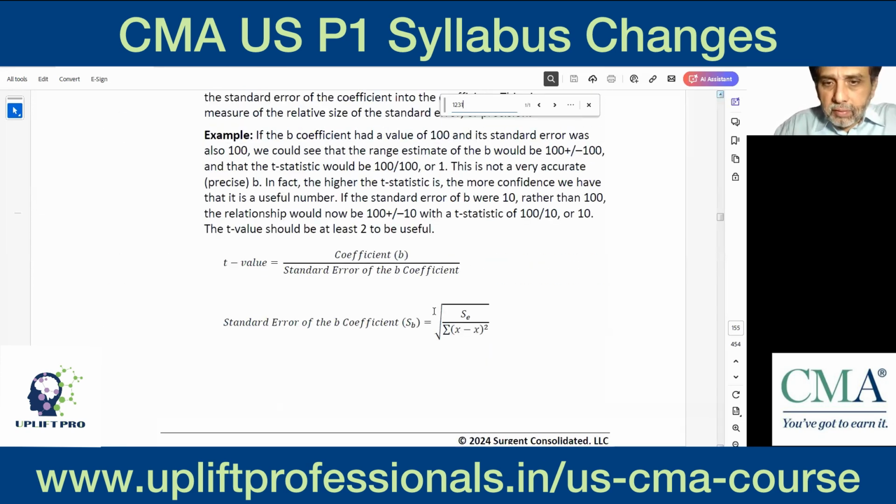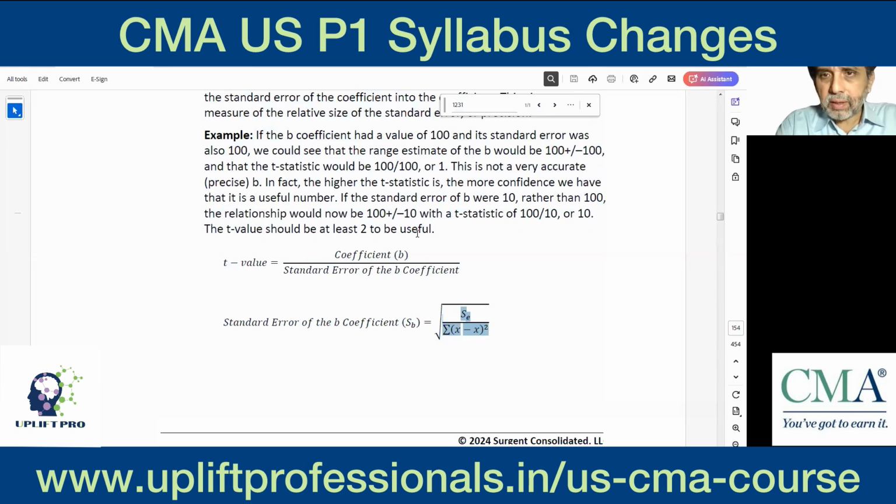See, for example, these formulas, you don't have to memorize at all. P-value, also you do not have to memorize the formula, but you should know what it means. What is the threshold for a t-value? See, for example, t-value should be at least 2 to be useful. It could be more than 2, it will be very useful.